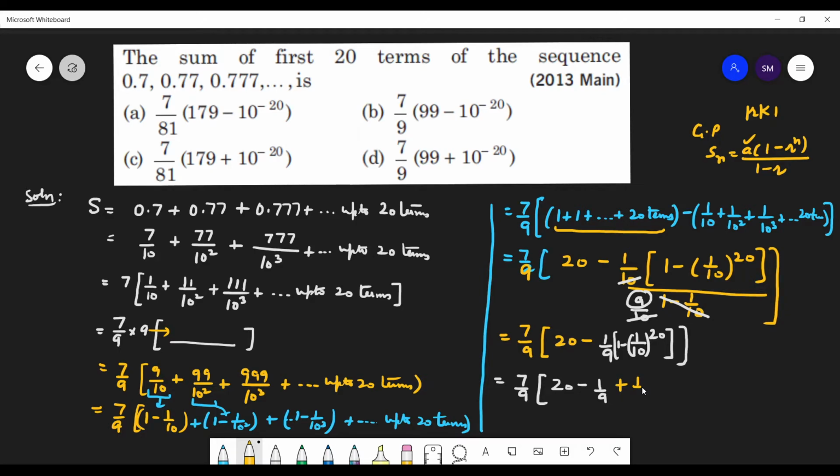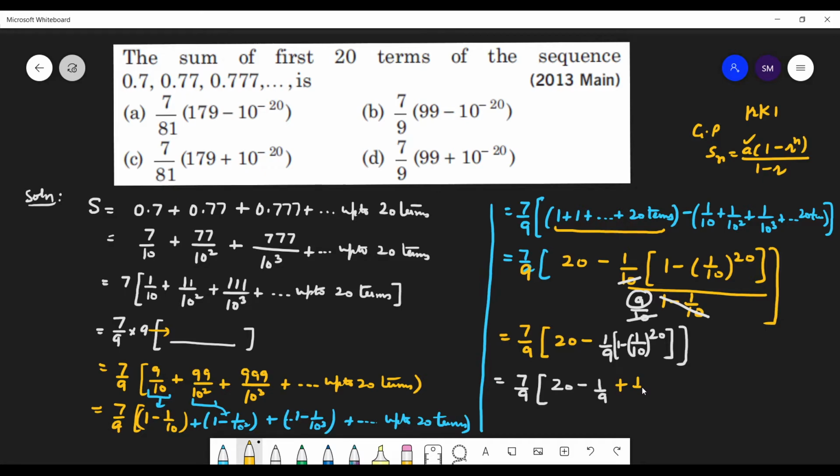This a is not in the numerator, students. Why are you quiet? Why are you not telling me? This is 4a, right? So this 4 will cancel out, but a will be there in the denominator.